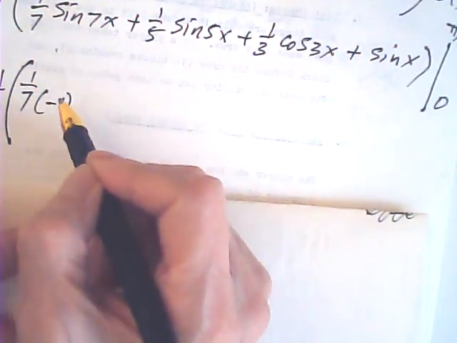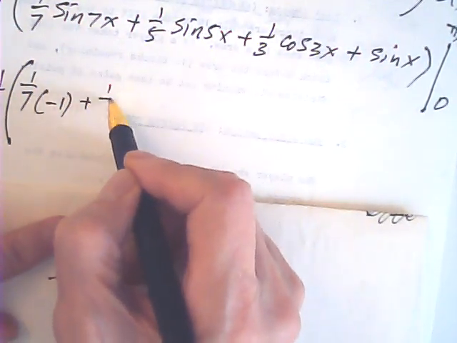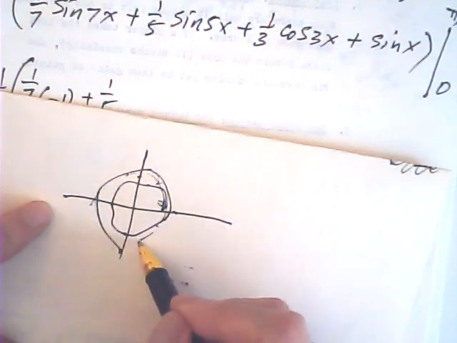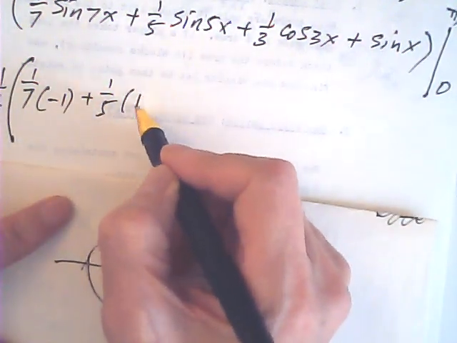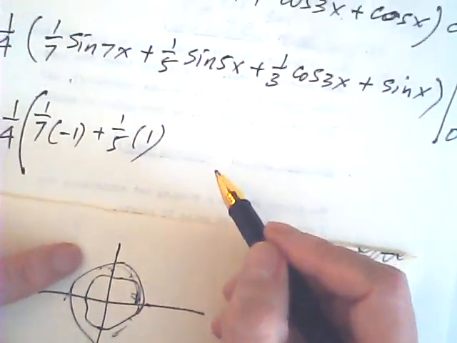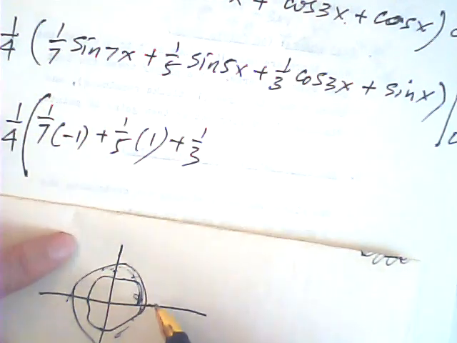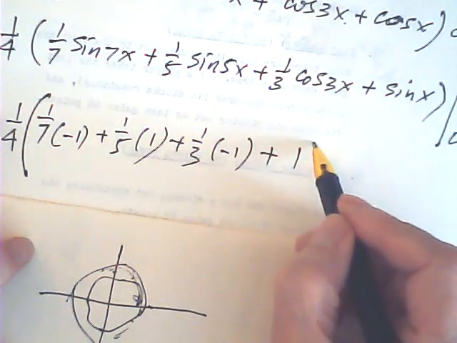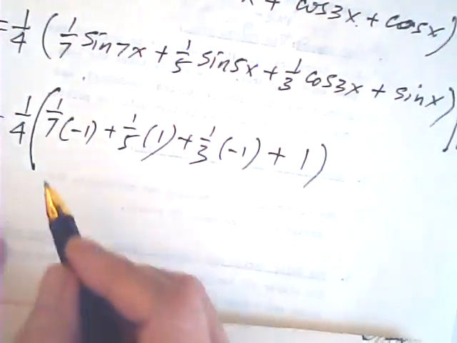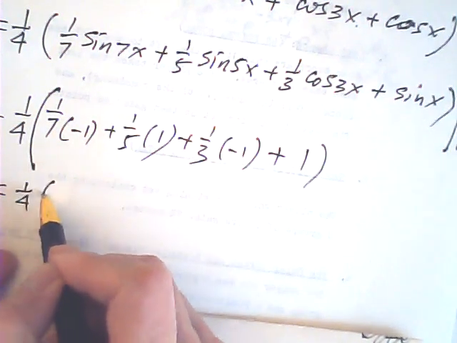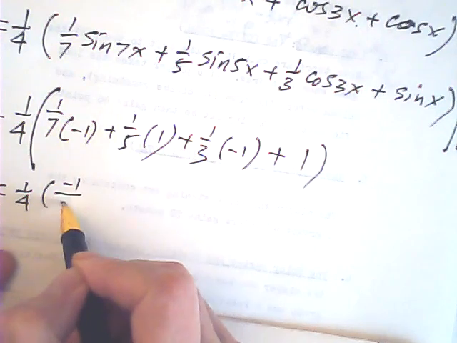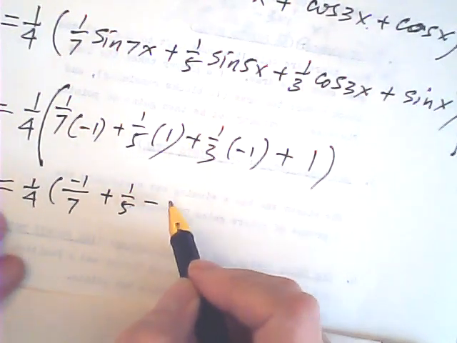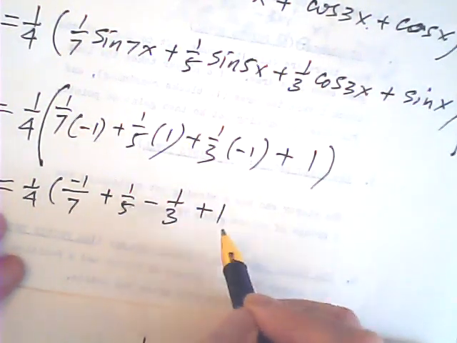Plus 1/5 with 5 half pi, 1, 2, 3, 4, 5, is positive. And plus 1/3, 1, 2, 3 is negative 1. Plus 1. Yeah, this one is equal to 1/4 of negative plus positive, negative plus 1.